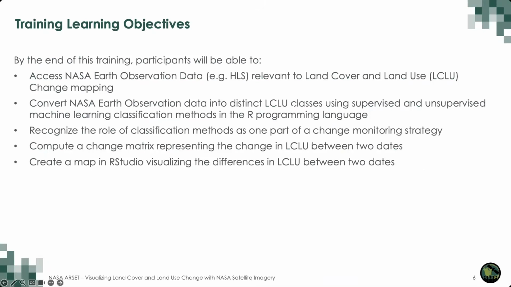By the end of this training, you should be able to access NASA Earth observation data relevant to land cover and land use change mapping, convert NASA Earth observation data into distinct land cover land use classes using supervised and unsupervised machine learning classification methods in the R programming language, recognize the role of classification methods as one part of a change monitoring strategy, compute a change matrix representing the change in land cover and land use between two dates, and create a map in RStudio visualizing the differences in land cover and land use between two dates.